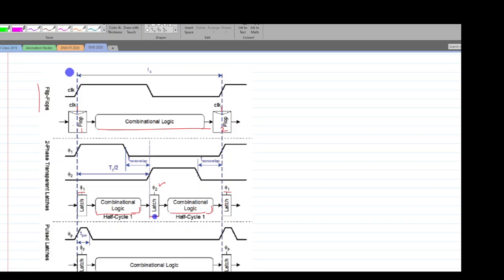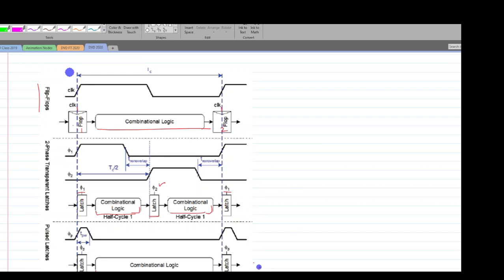Now, I'll talk about these timings later on, but I just want to give a quick overview of these systems. The pulsed latch system works by having only an input and output latch, as we had in our flip-flop based system, and in between those latches we have a combo logic.